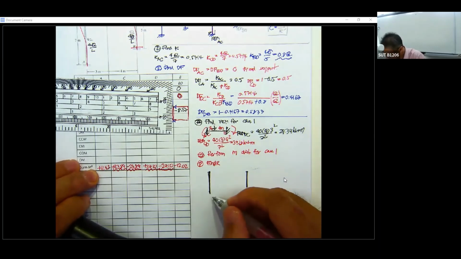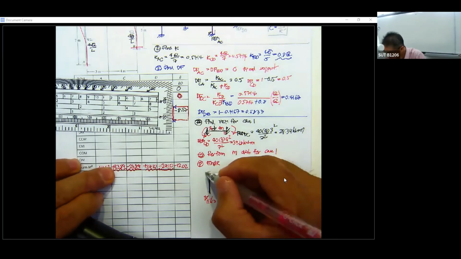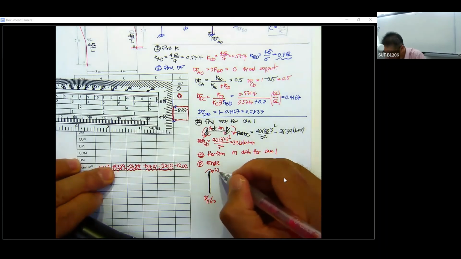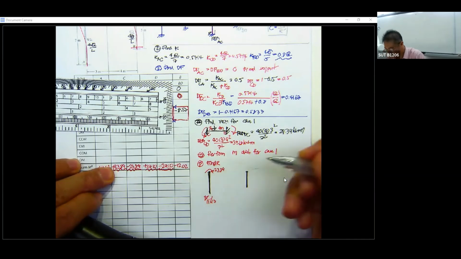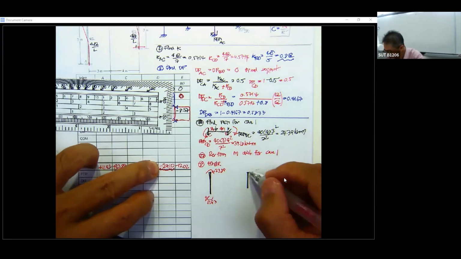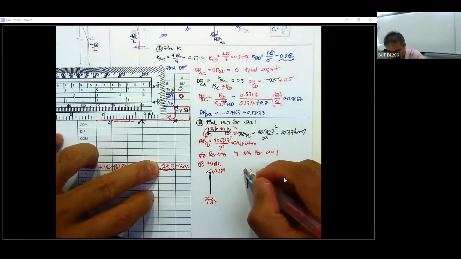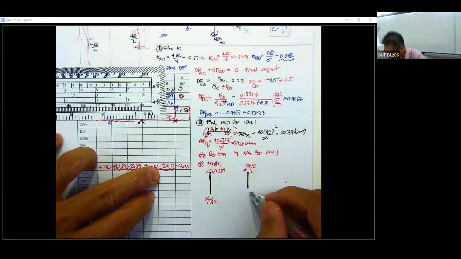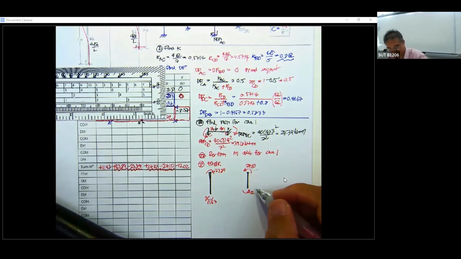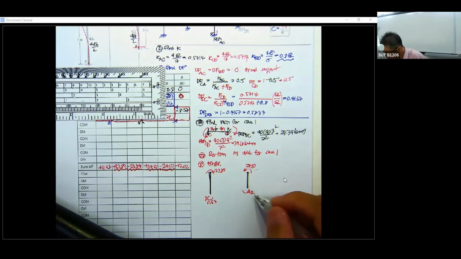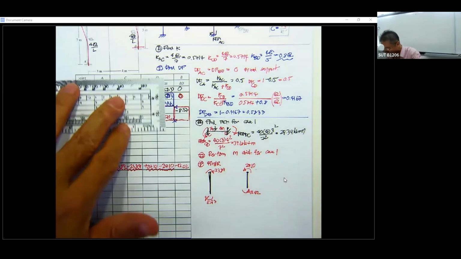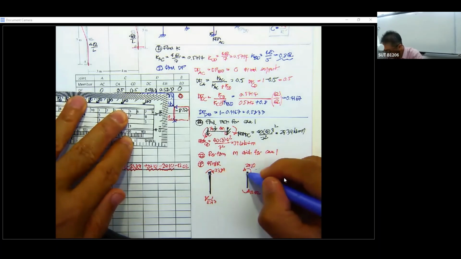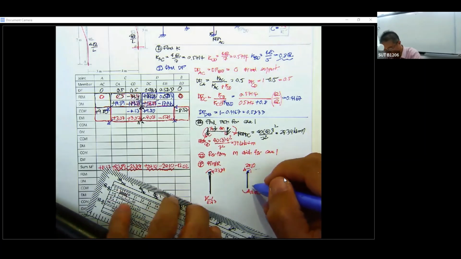And then again, this one 11.93 is positive. This one also positive. This one 23.89, and this one 24.10. And then this one negative also, 12.02. And then if you take the moment over here, this is rotated like this.